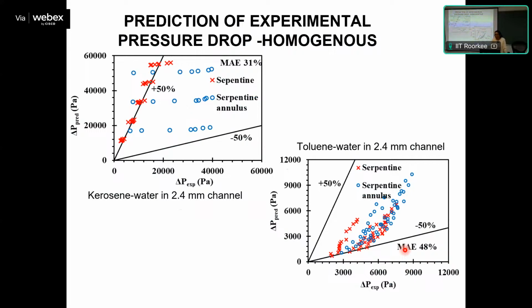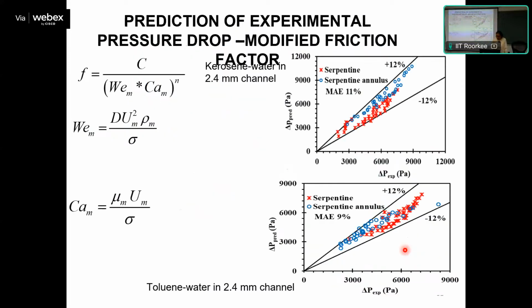You can see the error we could get with the experimental pressure drop: we could get over 50% error with the homogeneous model for droplet dispersed flow. So this is the kind of error we encounter. Then we tried to modify the friction factor, to figure out if we could give it in terms of Weber and capillary numbers.